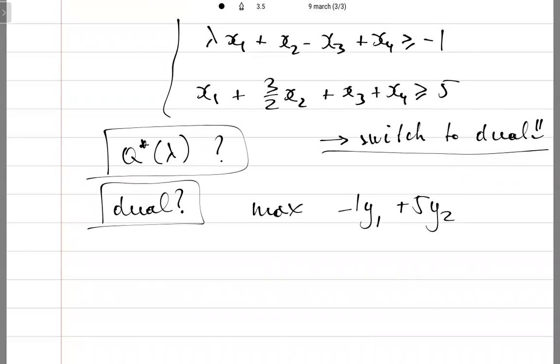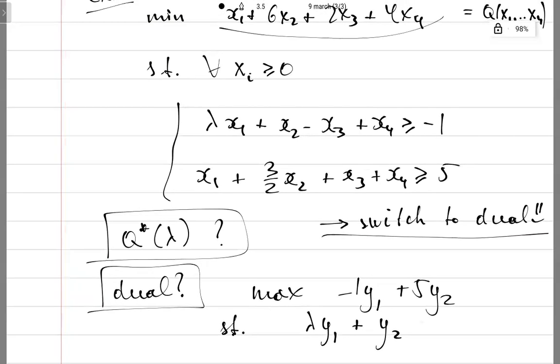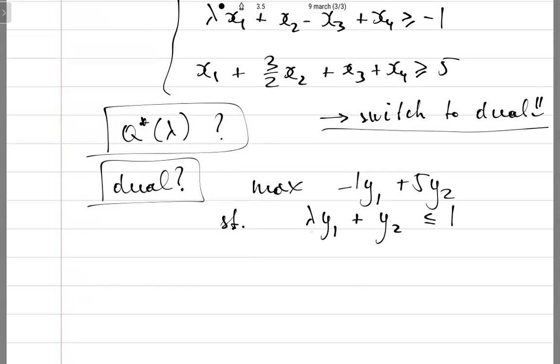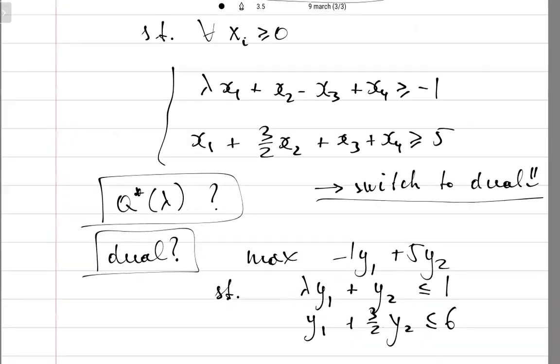Subject to lambda y1 plus y2 less than 1, then y1 plus 1.5 y2 less than 60.